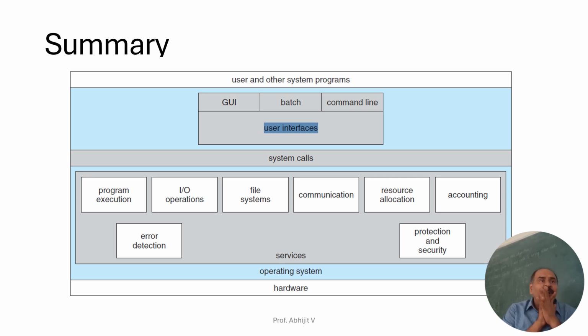So now this is a summary of what we have seen so far about the services offered by our operating system. So we have hardware here, then operating system, then these are the services that are being offered. What was the first service that is being offered by the operating system?